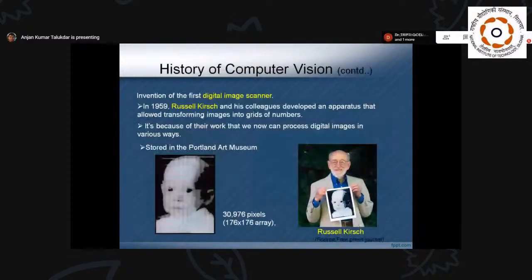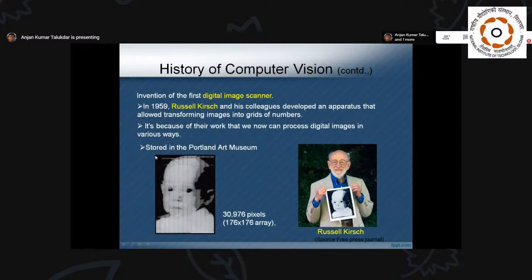then one major invention was the digital image scanner by Russell Kirsch and his colleagues in 1959. Actually, he is, we can say, the inventor of pixels or digital images. So it is because of that we now can process digital images in various ways.